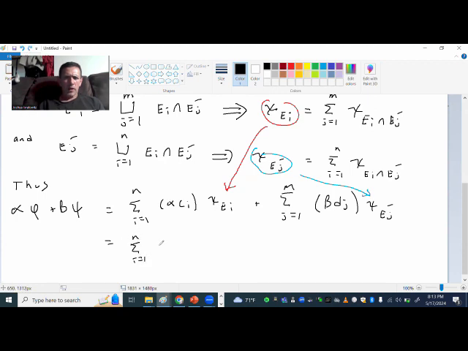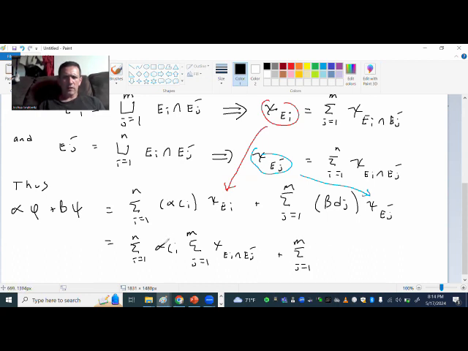The sum i equals 1 to n, alpha c_i, I'm not going to write the parentheses, j equals 1 to m. Similar thing. And I'm going to interchange sums in a moment.